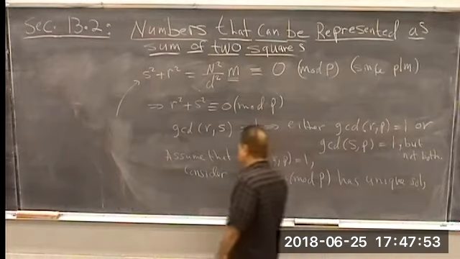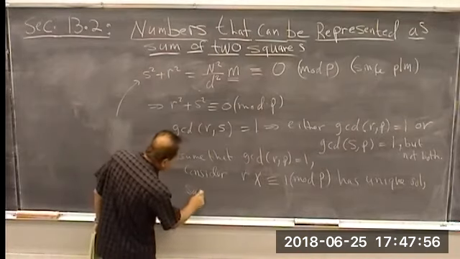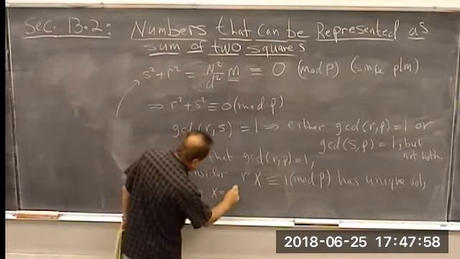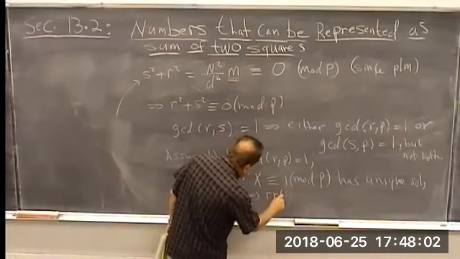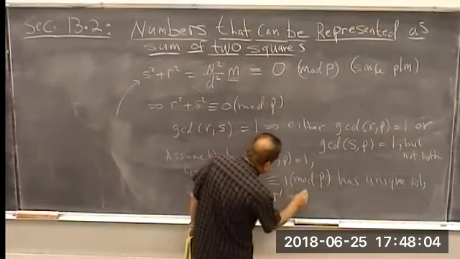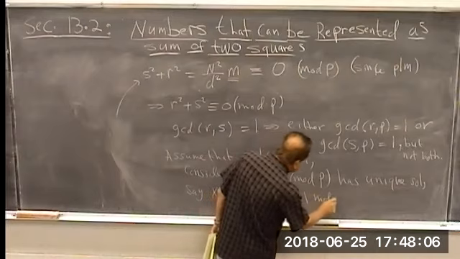Let's call it, say, x equal R prime. So what we have is R prime R is congruent to 1 mod P.